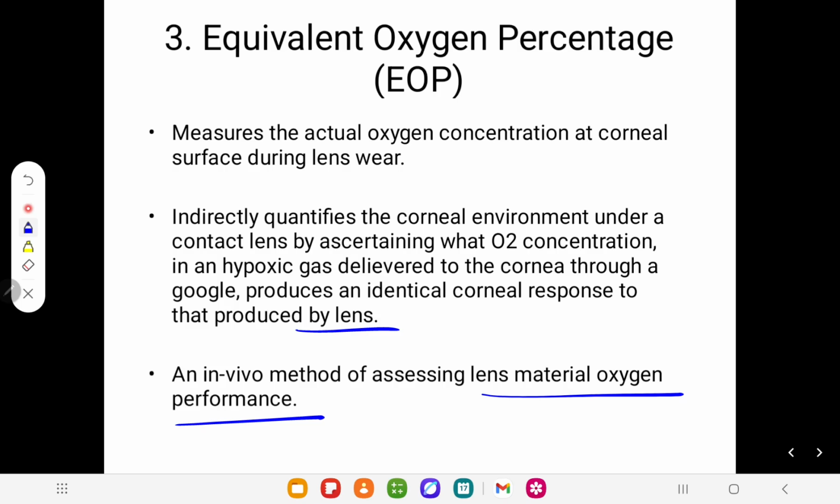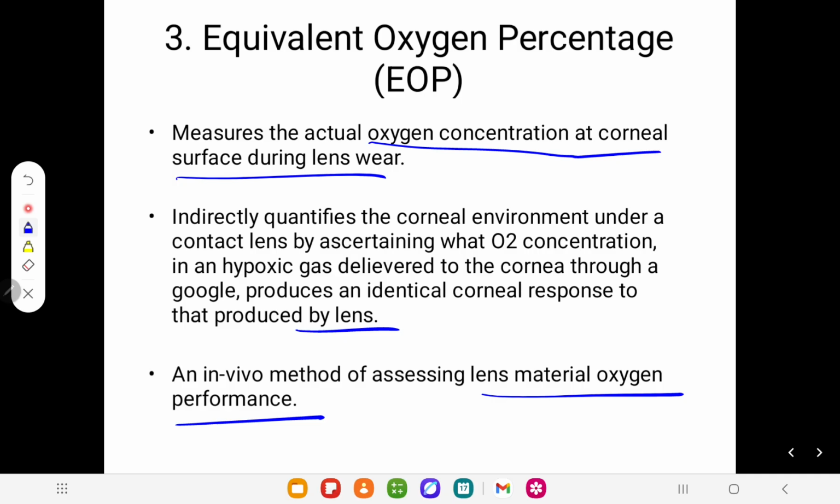Basically, it tells us what the oxygen level is below that contact lens, and if the lens allows a certain percentage of oxygen, what kind of structural changes we can see.